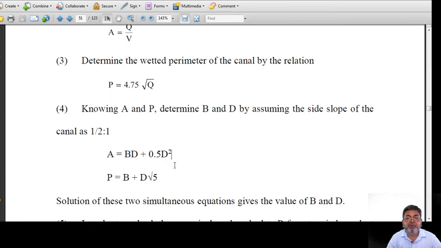So if suppose you are getting one value of depth of canal as 1.4 or 1.6, another value you are getting 10 or 8, so that higher value 10 or 8 you have to discard, because a canal can never be so deep; the depth of canal has to be in the range of 1 to 3 meter. So that value you have to accept, the other higher value you have to discard, and with that value of D you can find the value of B from this expression.